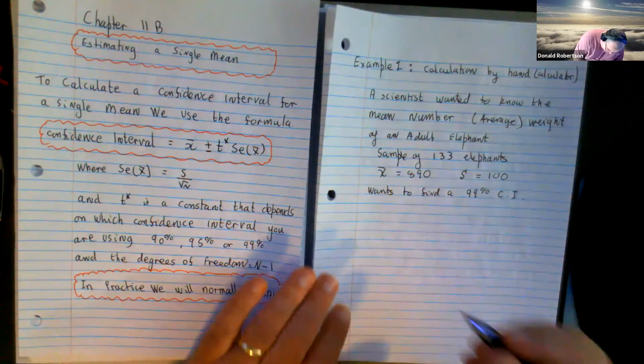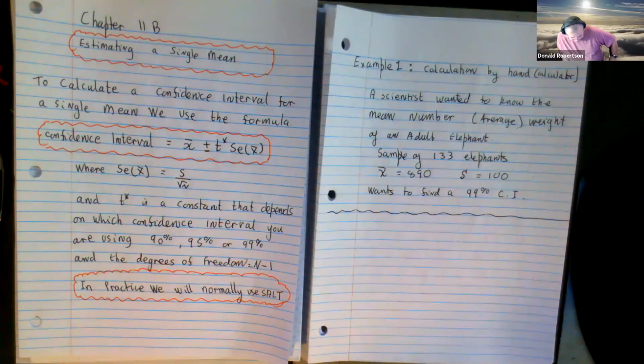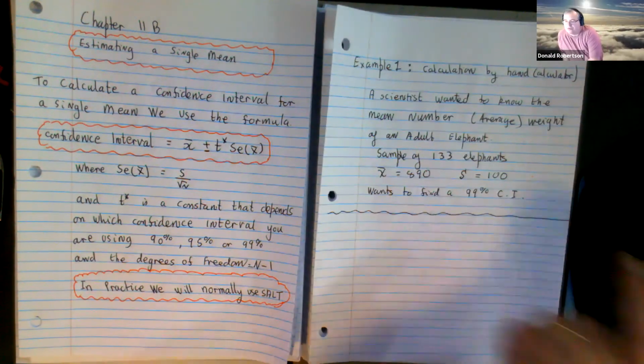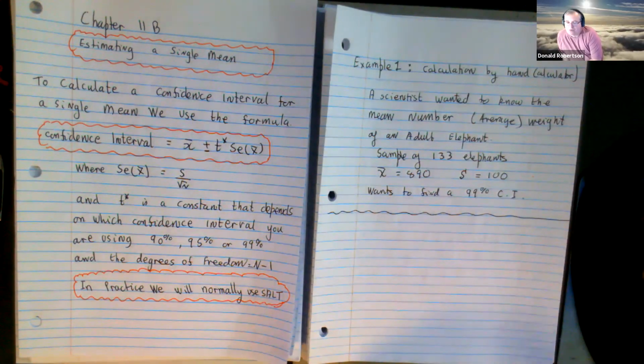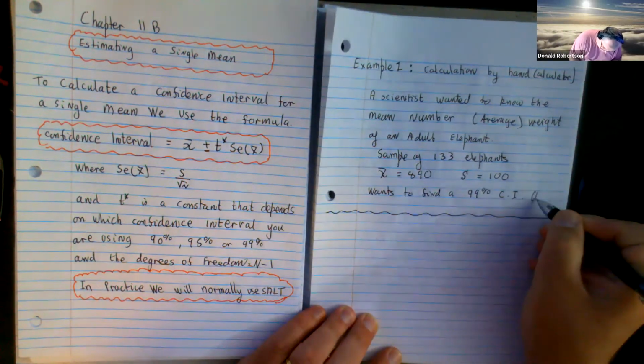So that's kind of my story. So we are going to take this information and we are going to find a 99% confidence interval. And we're going to do most of it by hand. And then I'm going to do the same question on Solve. Hopefully show you that you get the same answer, barring rounding off. Oh, and he wants to find it to 1 decimal place.